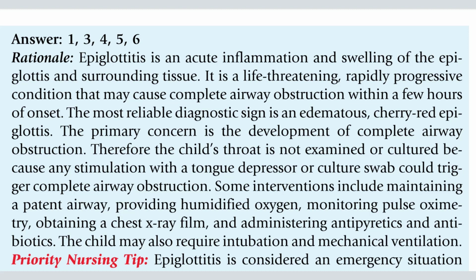Therefore, the child's throat is not examined or cultured because any stimulation with a tongue depressor or culture swab could trigger complete airway obstruction. Some interventions include maintaining a patent airway, providing humidified oxygen, monitoring pulse oximetry, obtaining a chest X-ray film, and administering antipyretics and antibiotics. The child may also require intubation and mechanical ventilation.